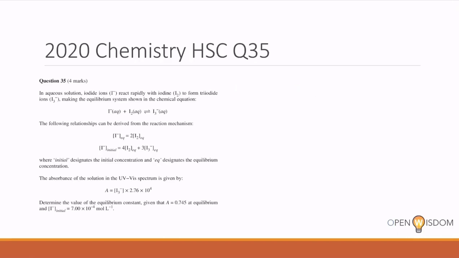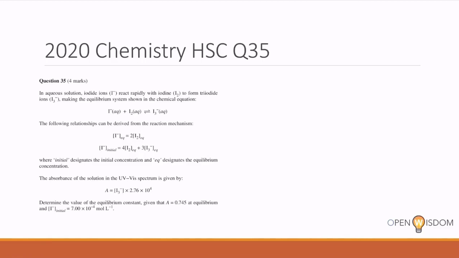So let's get started. Question 35 says, in aqueous solution, iodide ions react rapidly with iodine to form triiodide ions, making the equilibrium system shown in the chemical equation right here. The following relationships can be derived from the reaction mechanism, where initial designates the initial concentration and EQ designates the equilibrium concentration.